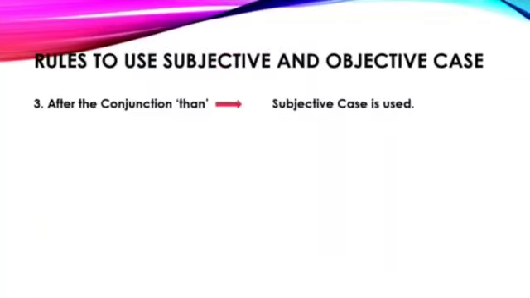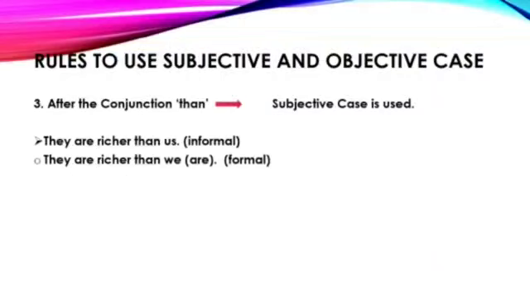Now the third rule is, after the conjunction than, subjective case of pronoun is used. They are richer than us. Again, it is informal. We cannot write like this. Many a time you must have heard people say they are richer than us, she is wiser than me, but actually subjective case is used, so the correct answer should be they are richer than we, that is formal.